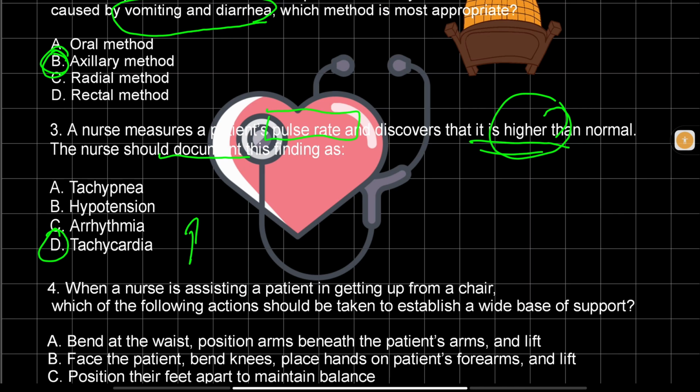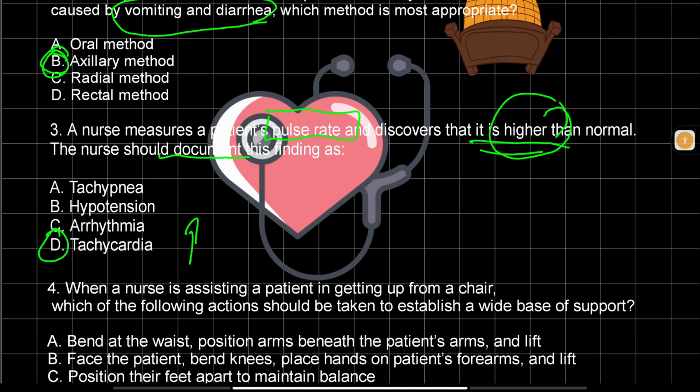So if you're taking the board exam, NCLEX, or whatever that is, please be mindful of your normal values, and not only when you're taking the board exam, because in real life, when you're already pursuing your nursing career, already on the field, your normal values play a crucial part whenever you're trying to come up with or intervene in your patient's condition. You know what I mean?